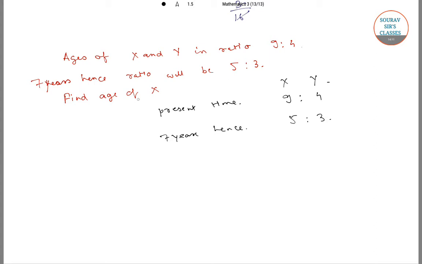So age of x, that is the age of older person, is equals to 7 into 1 minus 3 by 5 divided by mod of 3 by 5 minus 4 by 9.